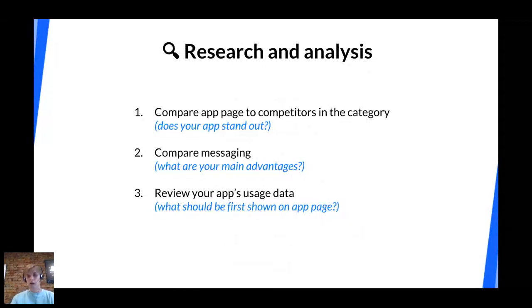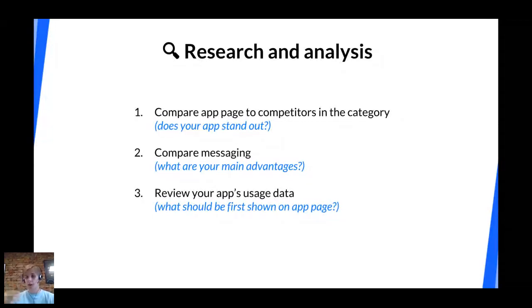Second, make sure to compare the messaging found on your app page against that which your competitors have. What you basically should do is come up with messaging that gives your app, once again, a competitive advantage, makes you stand out, and makes you stand out positively, not just in any manner. Plus, just a small life hack: if you're a small publisher, you don't have a lot of ASO expertise yet, did not A/B test at all before, feel free to take inspiration from your big competitors.